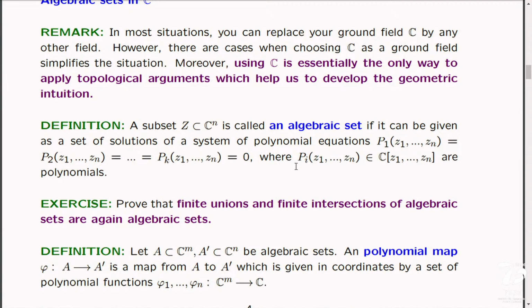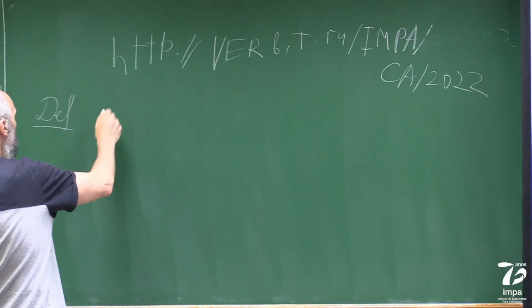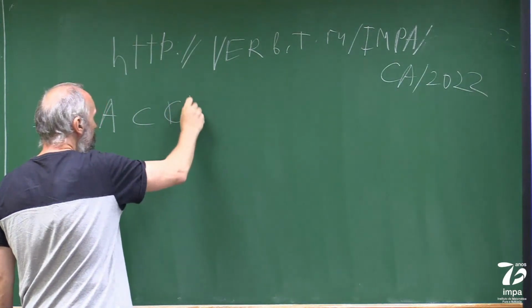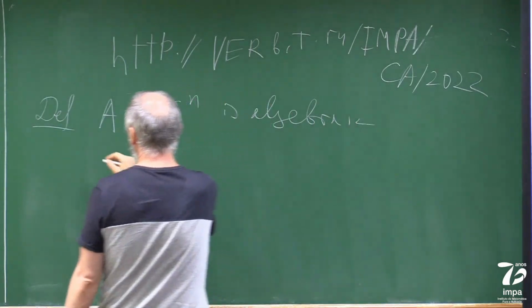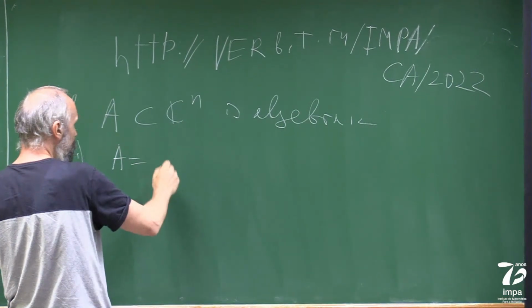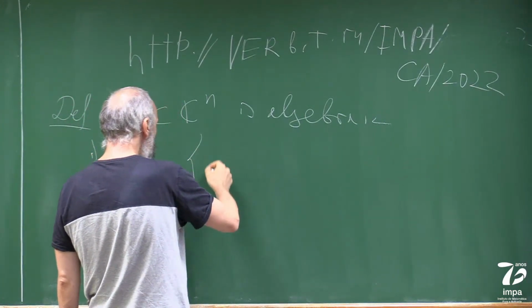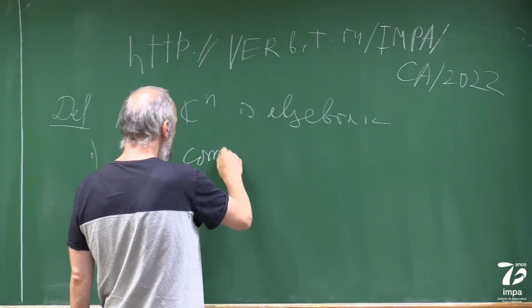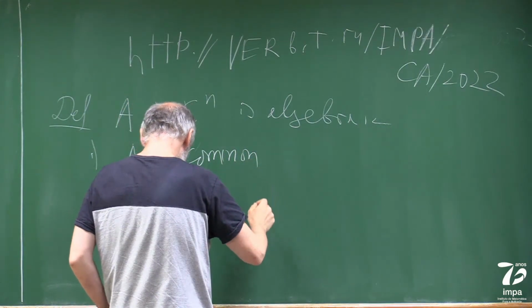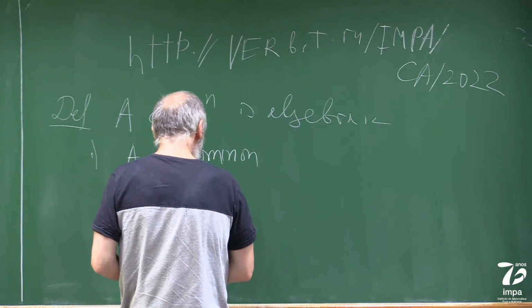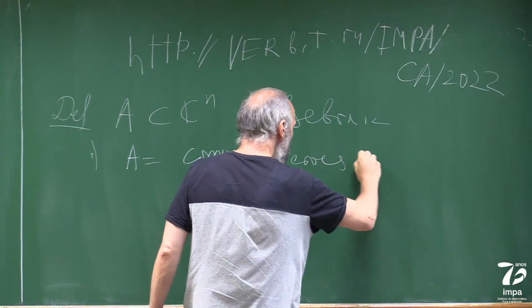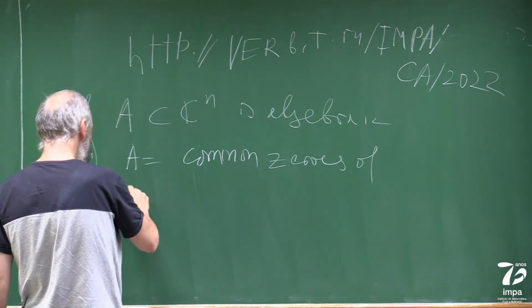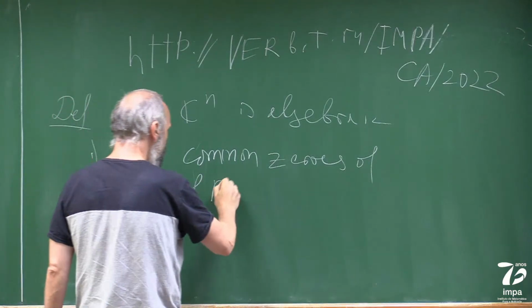So for a moment, I define algebraic sets. Definition: A inside C^n is algebraic if A is the set of all common zeros of a system of polynomial equations.